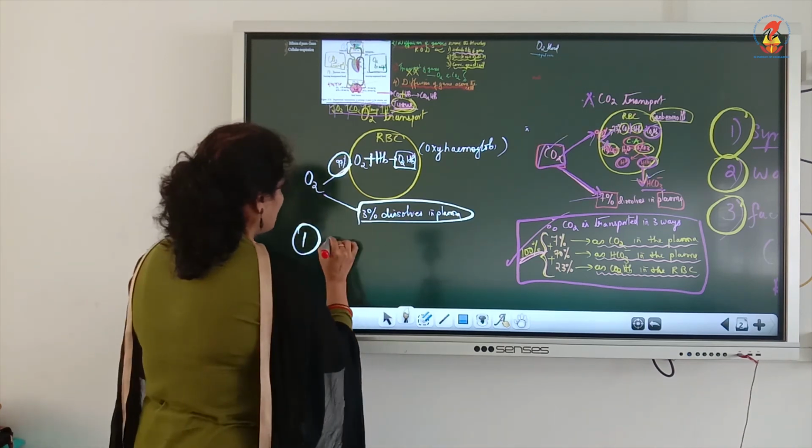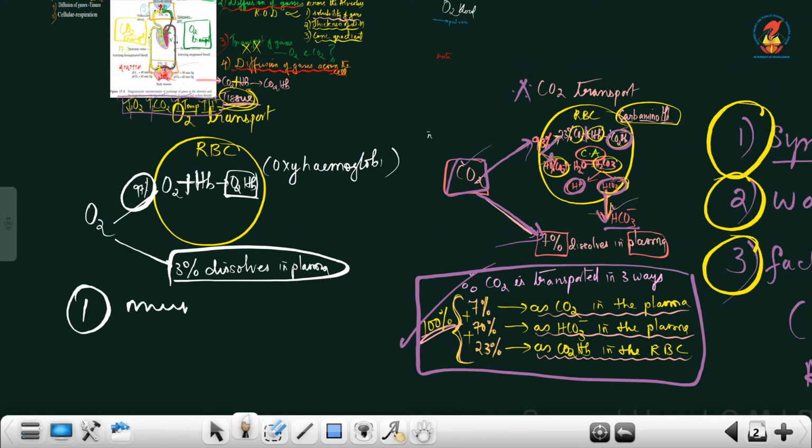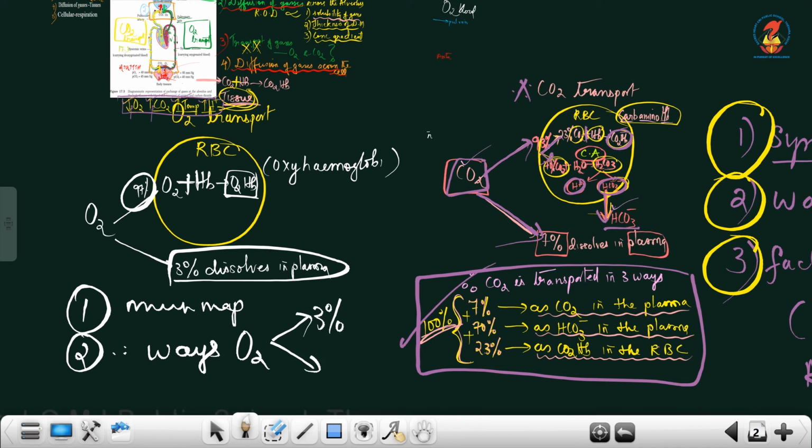So first is your mind map, which gives you the information, the steps. Second, therefore, the ways in which oxygen is transported. Here we have only two ways. One, 3% as oxygen dissolved in plasma.